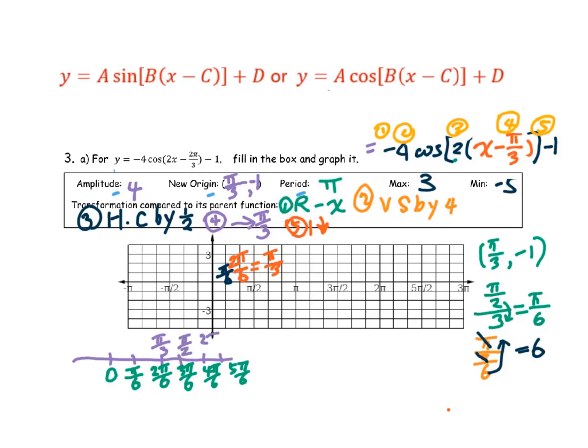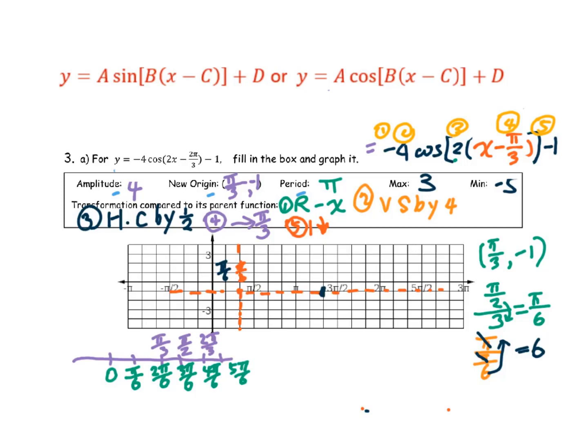This one is 2 pi over 3. Therefore, pi over 3, negative 1 is here. Then we draw the coordinate plane here. Count to the right 6 units. 1, 2, 3, 4, 5, 6. That's over here. This is the one.